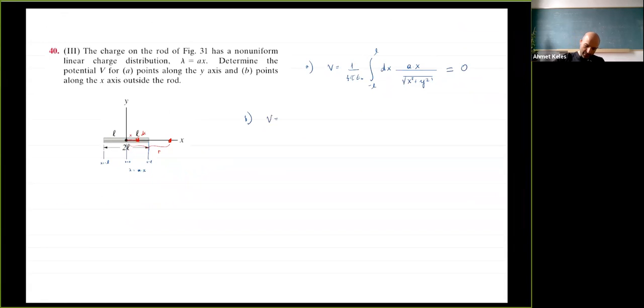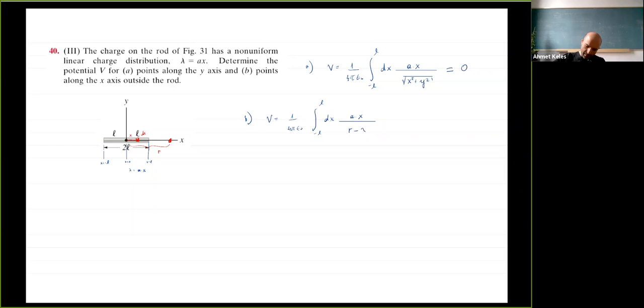V is equal to 1 over 4 pi epsilon naught, the integral over all x, and x goes from, again, minus L to L, and this time the charge is A times x divided by the total distance, which is R minus x.